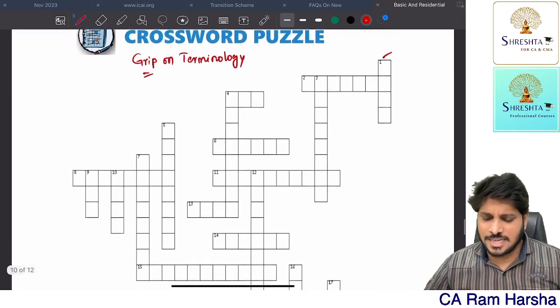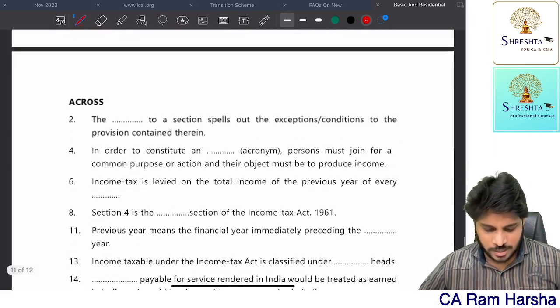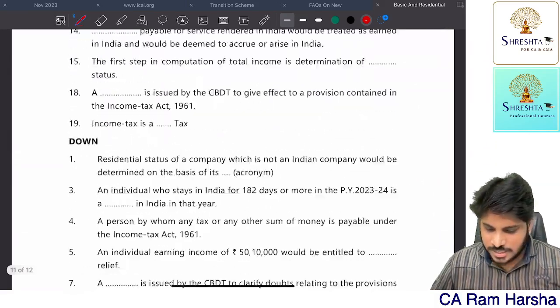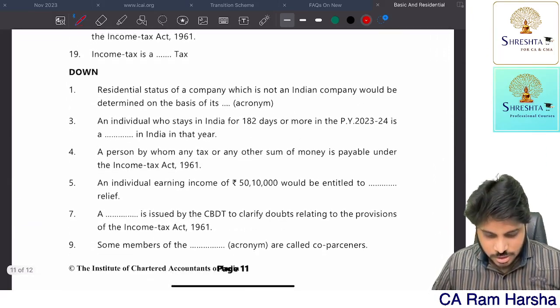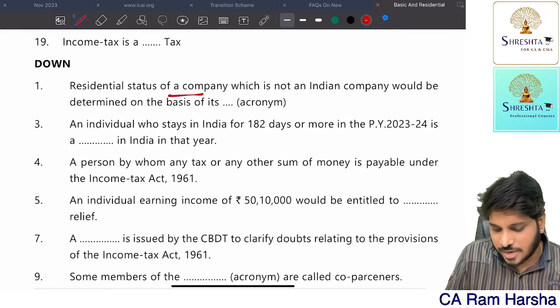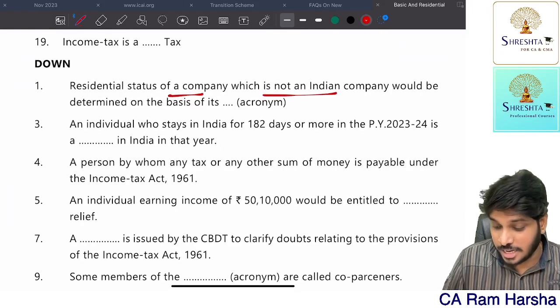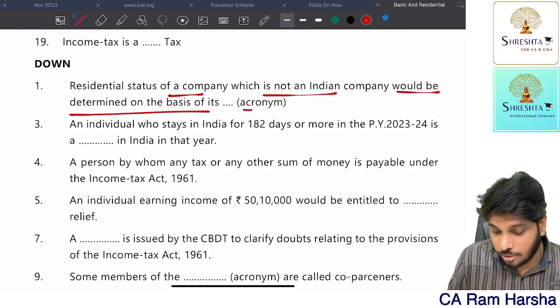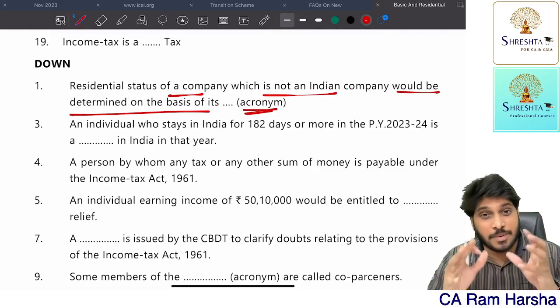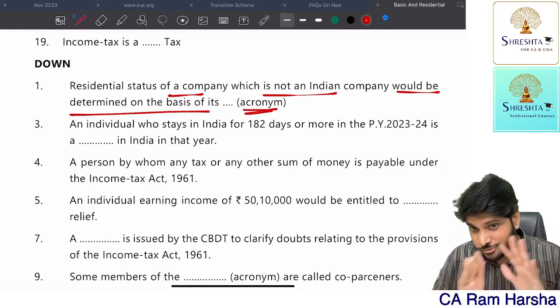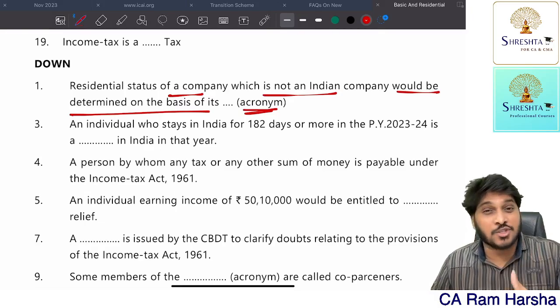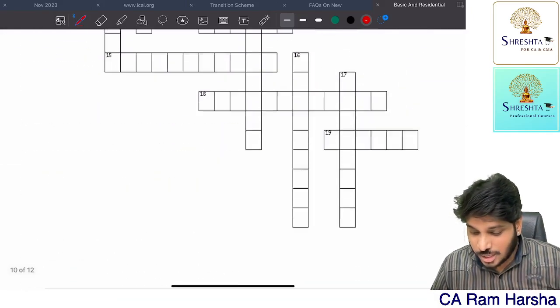Now let us look at the first one. The first one is down, not across. It is vertical. Down: residential status of a company which is not an Indian company would be determined on the basis of dash. On what basis is the company's residential status decided? They are asking you to write the acronym only, not the full form. POEM, principle of place of effective management. So what is it called? POEM.